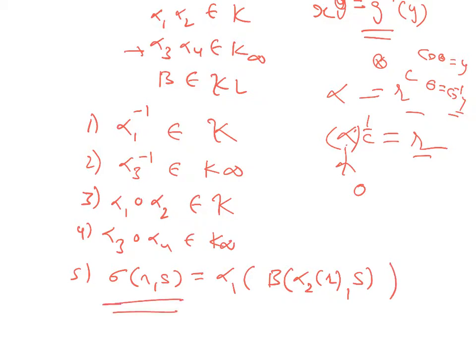I'm saying first, it's a function of a function, right? So alpha 1 is a class K function and beta is a class KL function, and so this sigma will also be a class KL function, right? So it will belong to KL.